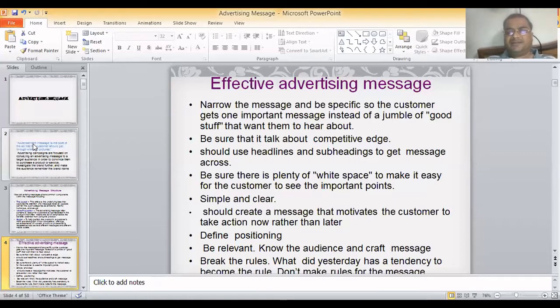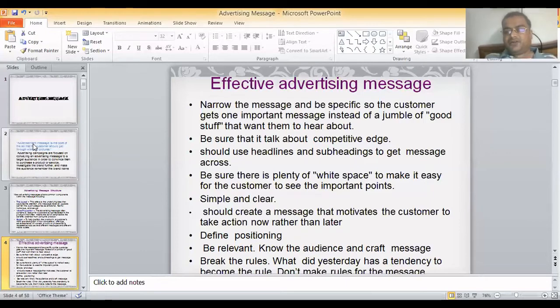It should not be such that the customer says, okay, I like the product, everything is there, but I'll buy it next month. That should not be the case. The message should motivate the customer to buy it right now. So it should be action oriented.